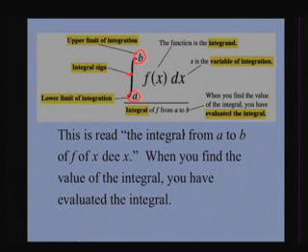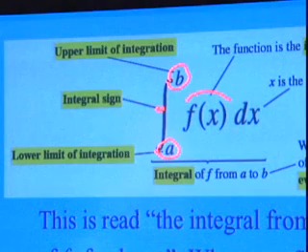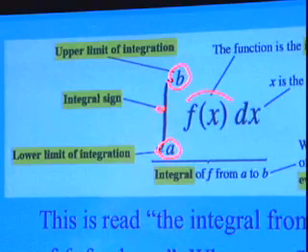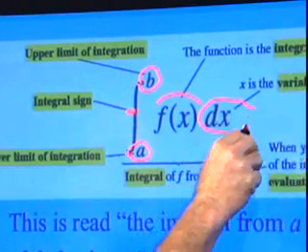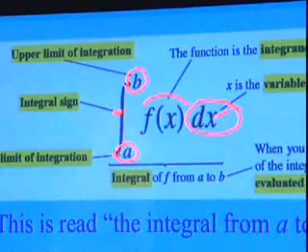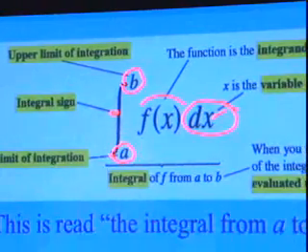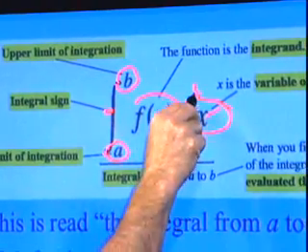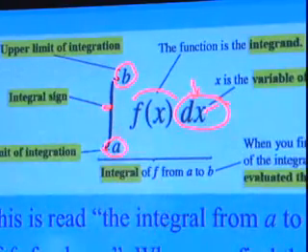So those are our interval, the lower and upper limits. Inside of the integral is our integrand. The variable over which we are doing the integration is right here. In particular, it's x, and we're saying that this is differentiated over x.